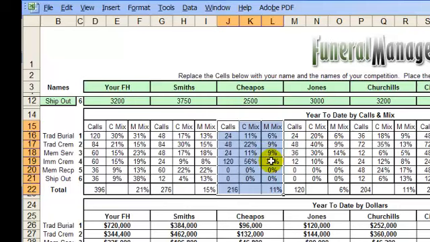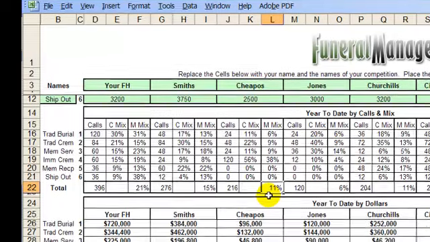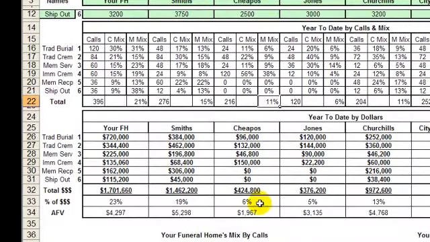You can see that they're doing most of, 38% of the immediate cremations. But internally, over half their business is immediate cremation. So where they have 11% of the market share by calls, they only have 6% of the market share by dollars.